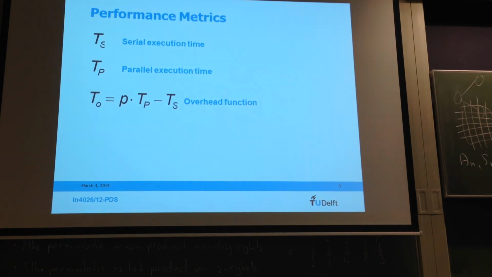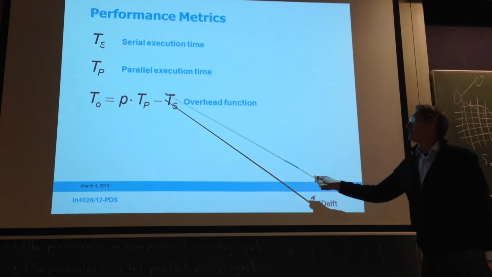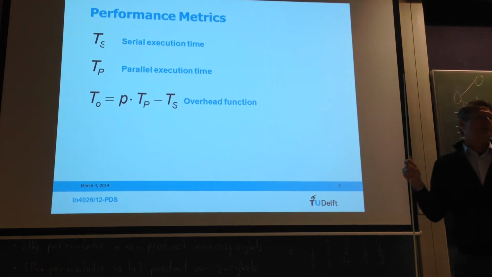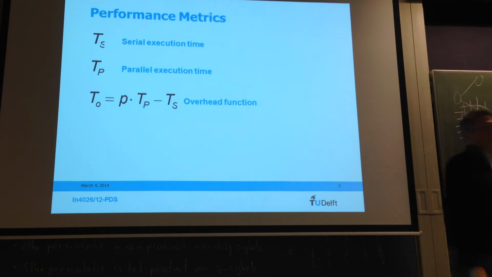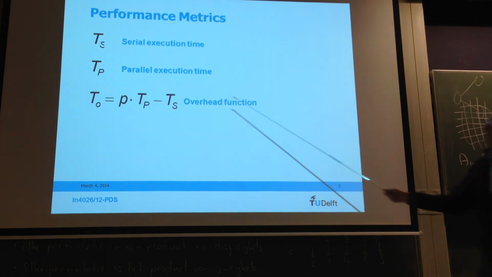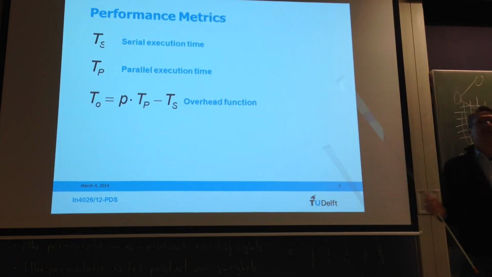If I multiply the parallel execution time with the number of processors and I subtract the serial execution time, I end up with the overhead. If it's perfect, I've done a perfect job, this overhead is of course zero, because then, yes?